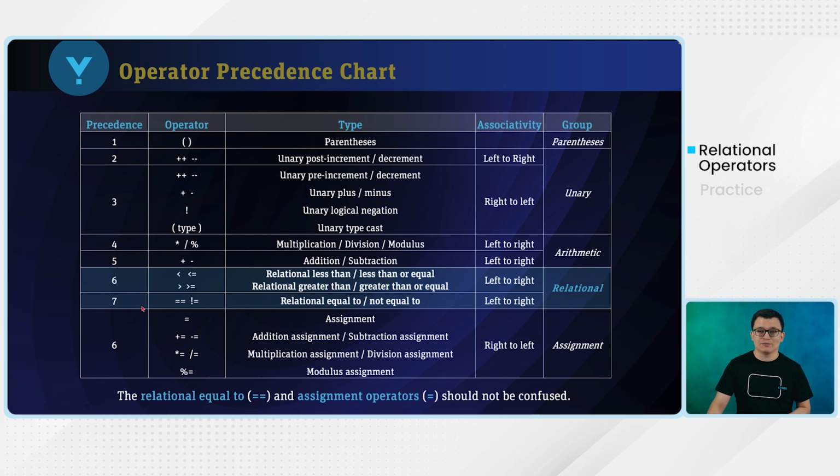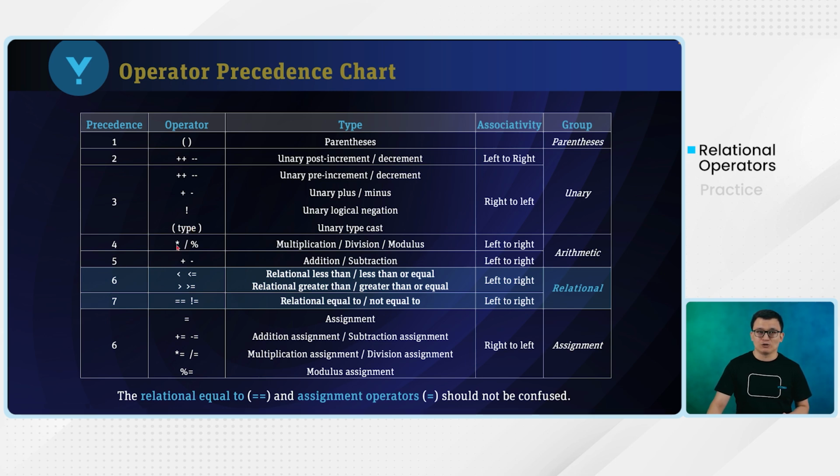So this is the operator precedence of all the operators that we have covered so far. At the number 1 spot, we still have the parentheses, and then we have the unary post increment and decrement. Then we have the unary pre-increment, decrement, unary minus, unary plus, unary logical not operator, and unary typecasting.